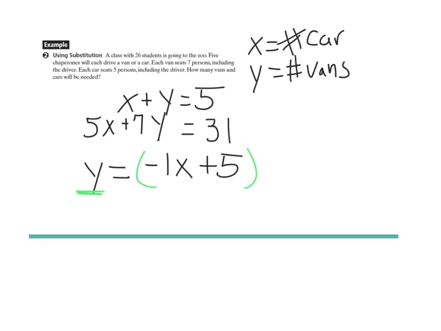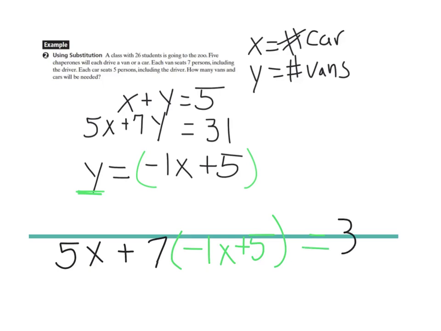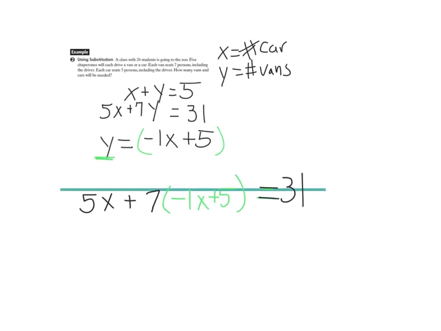In that second equation, I'm going to copy 5x plus 7y, and instead of saying y, I am going to place negative 1x plus 5, equals 31, okay? So now I've got a multi-step equation using the distributive property, combining like terms, and solve.